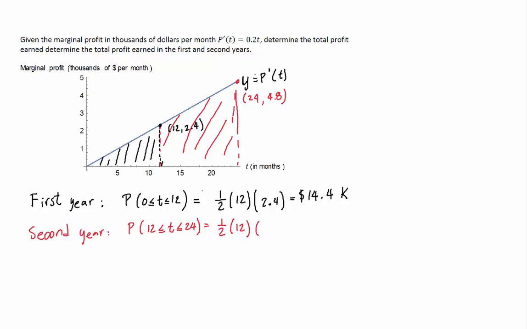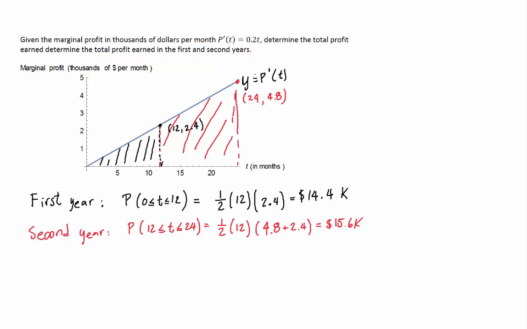And so this would be 4.8 plus 2.4, and that's going to be equal to 15.6 thousands of dollars.